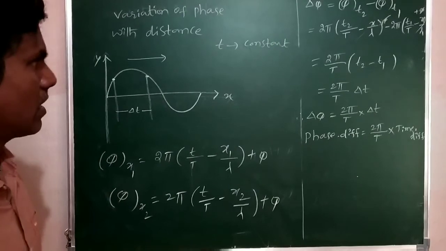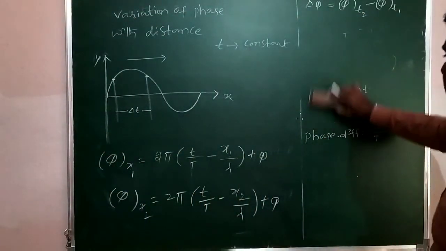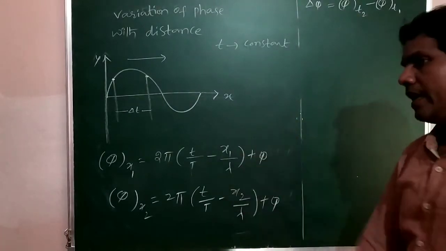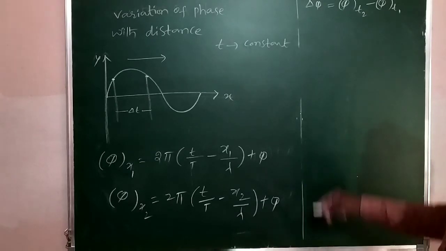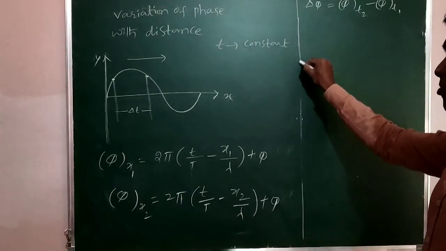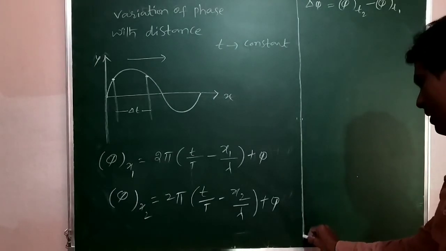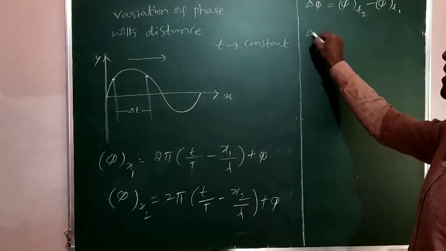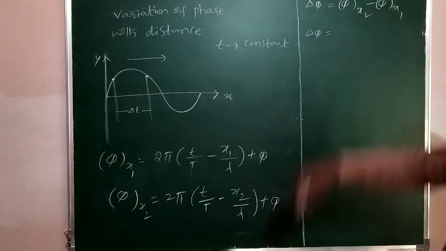Same as this, the equation can be written as the phase of the wave at the distance x1 and the phase of the wave at the distance x2. The time must be constant, initial phase and the next phase.